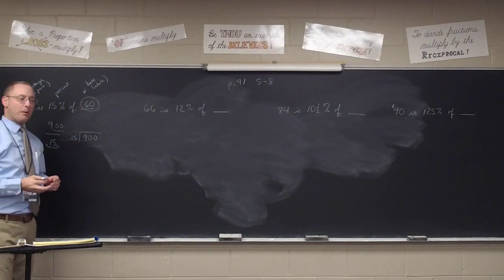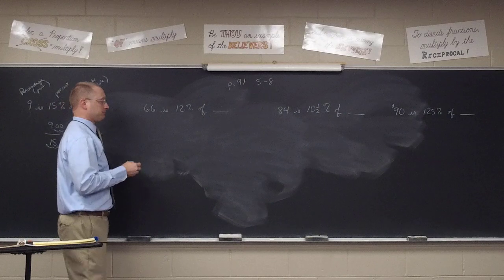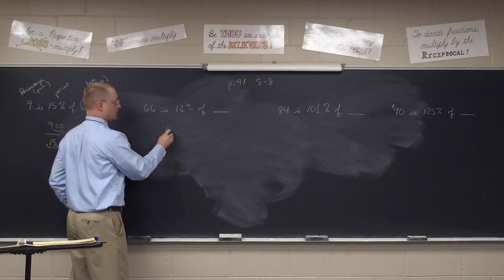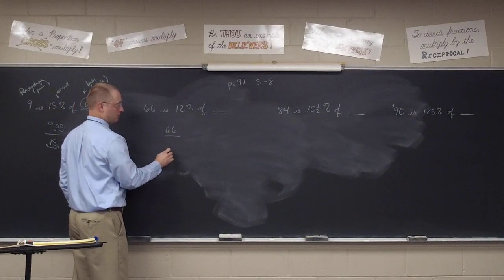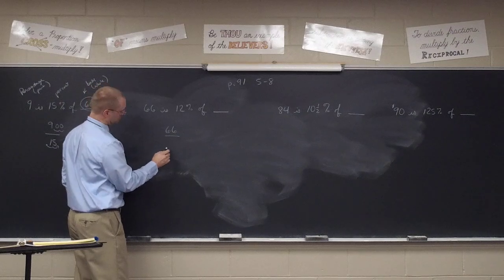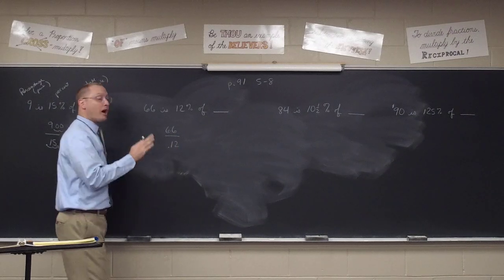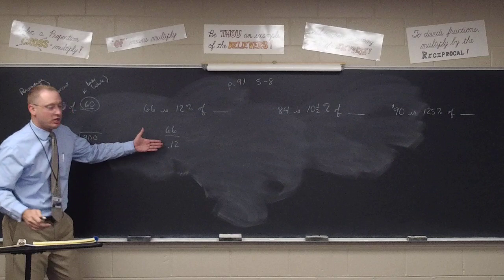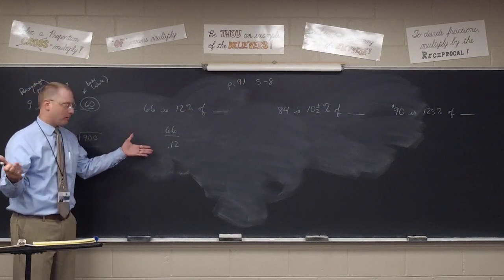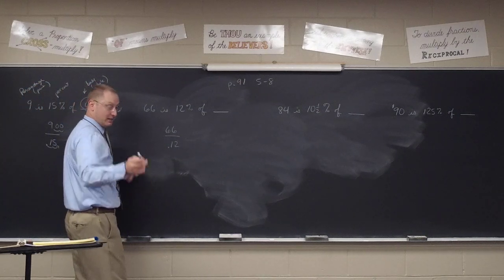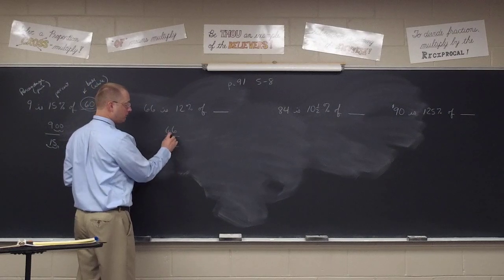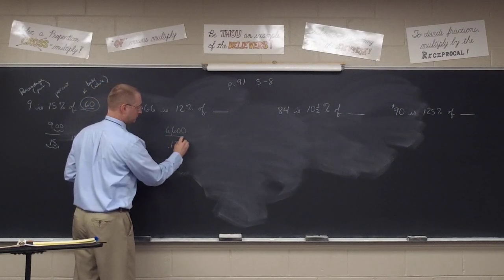For number 6, how do I set this one up, Kirsten? 66 divided by 12. Oh wait, no. 0.12. If you want to bypass even this step, because you know you're going to do what with the decimal anyway, class? Boink, boink, boink. So if you wanted to go straight to what? 6,600 divided by 12.